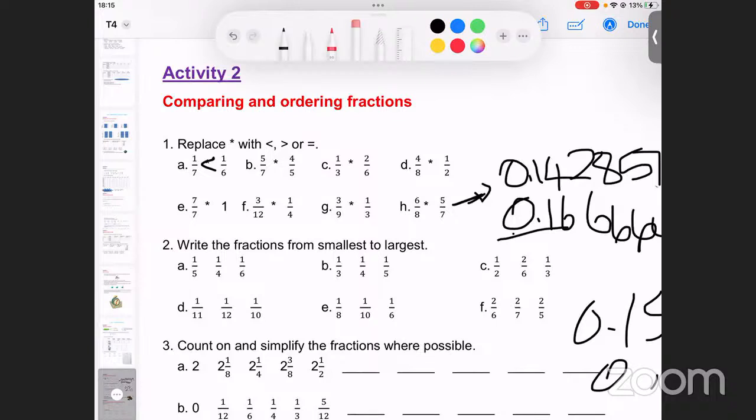Yes. Okay, so what we are doing here, we are replacing the star with less than or greater than or equal to. So the answer must be greater than or less than or equal to.